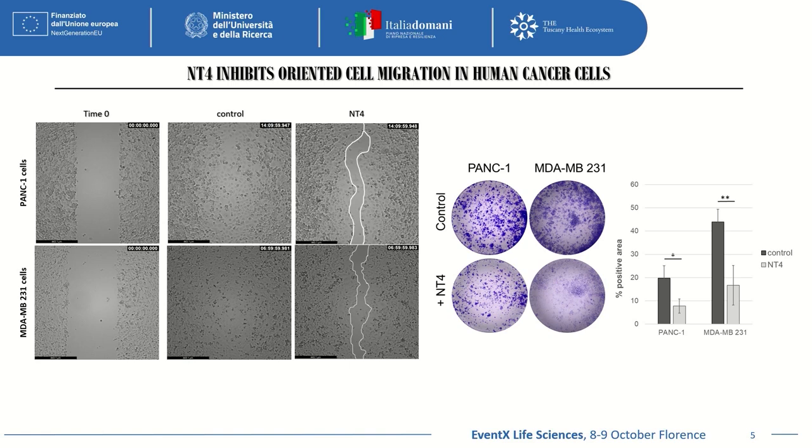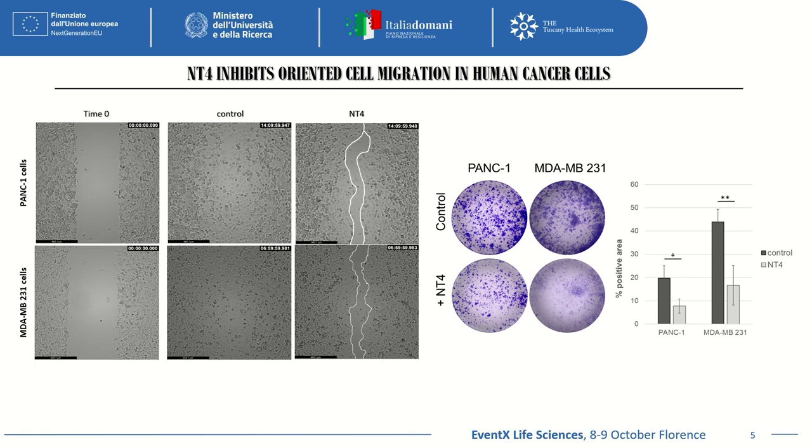Since we had a tool specific for the heparan sulfate chains of these membrane proteoglycans, which are known to have a role, not clear how much, particularly in cancer cell adhesion and migration, we used the branched peptide, now unconjugated, for analyzing the effect on cancer cell migration.